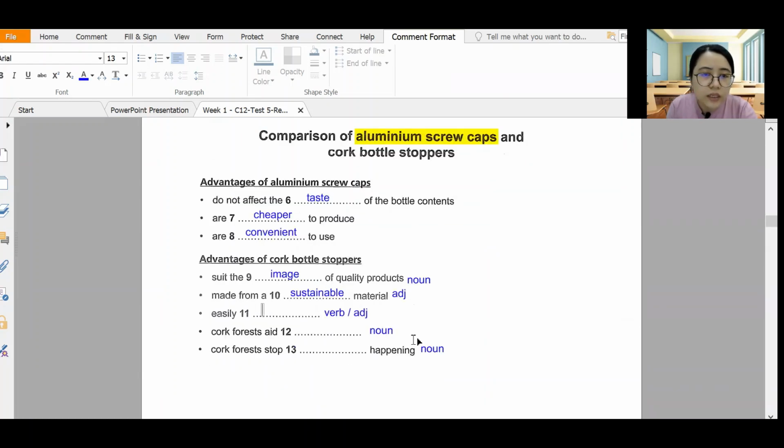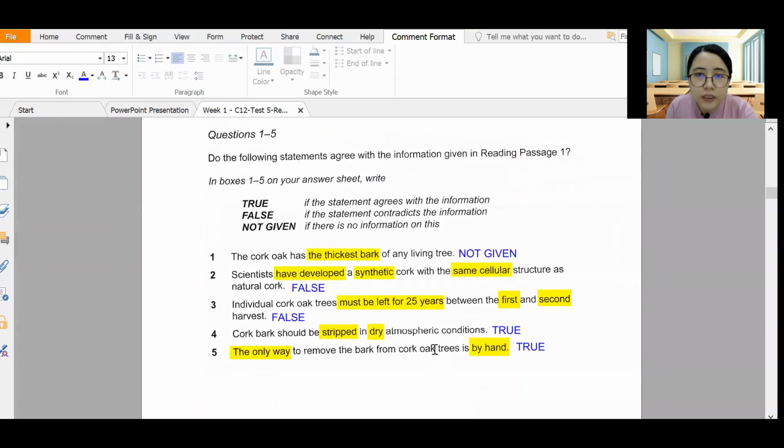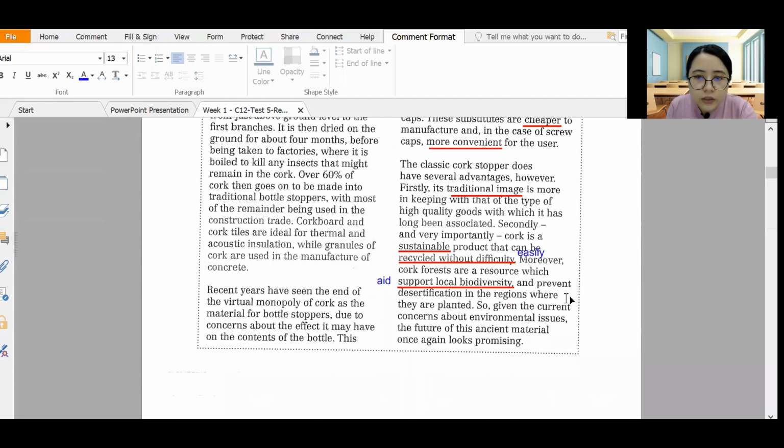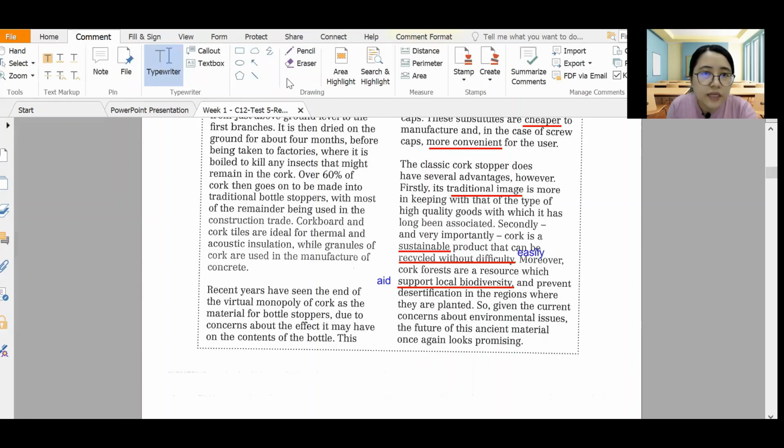So recycle and biodiversity, because we can only use one word. So easily recycled. Aid biodiversity. And the last one, stop what from happening. Prevent desertification. Prevent or stop is close in meaning.